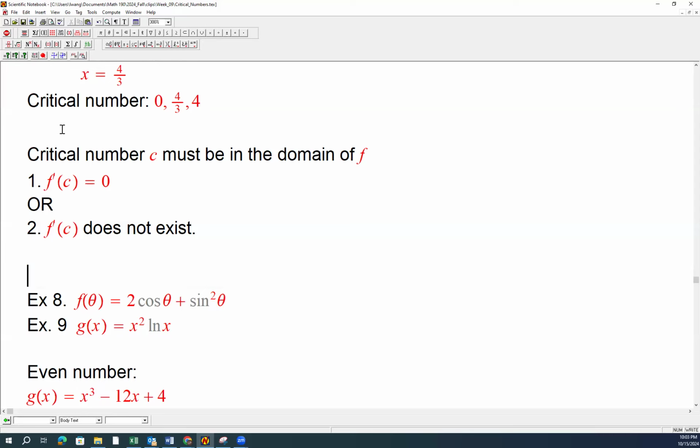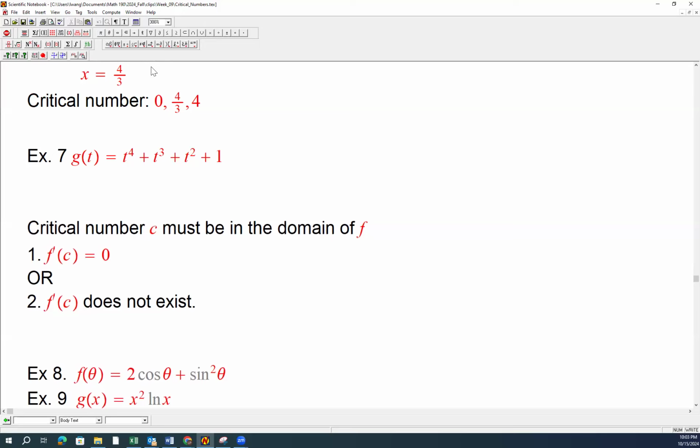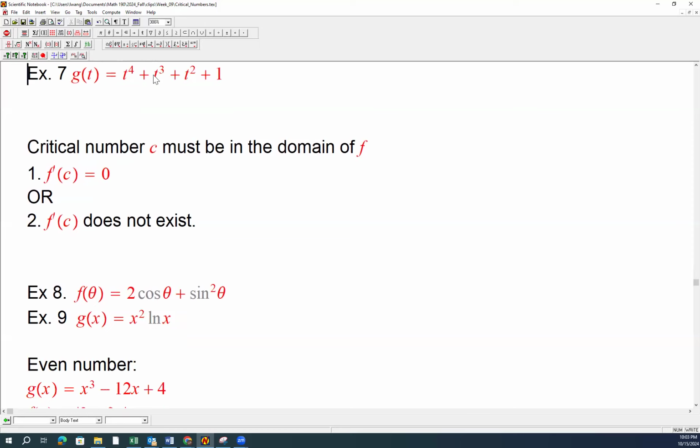Example number 7. Let's do them all, especially the last few types. Polynomial again, but let's see if this polynomial is any special. The derivative of t is equal to 4 times t to the power of 3 plus 3 times t squared plus 2t.